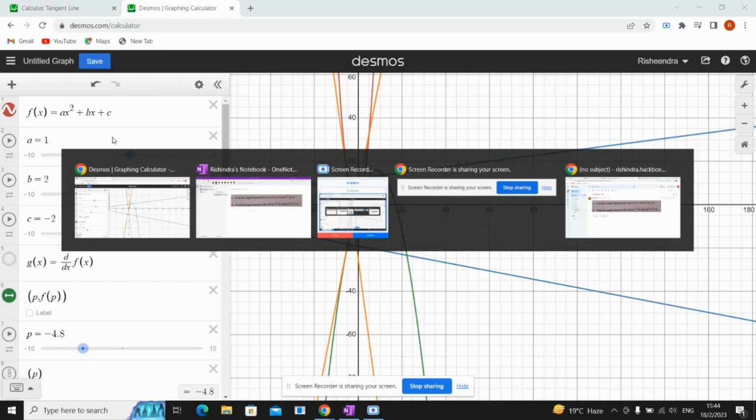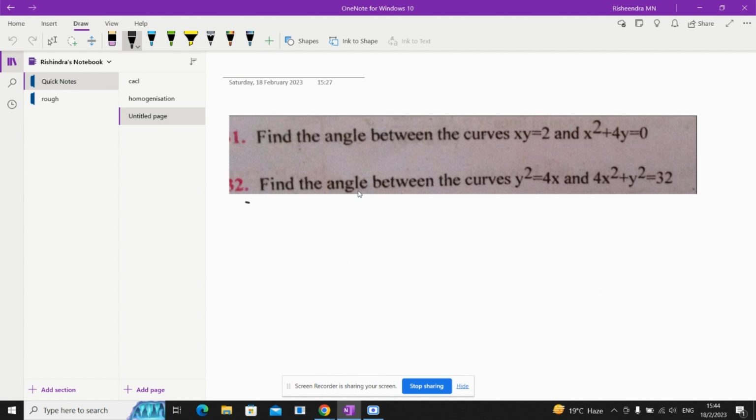Taking y as f of x, the first curve is y = 2/x, and for the other equation, y = x²/4.